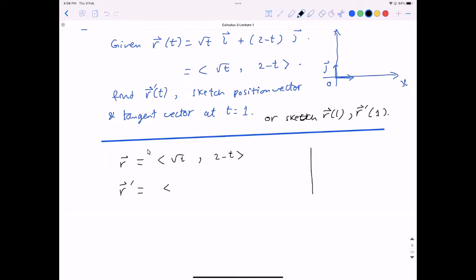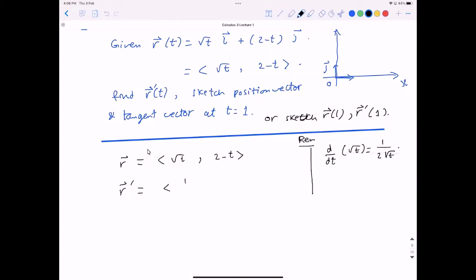Yes, 1/2 root T. This is important. D by dt of root T is 1/2 root T. This is an important formula. It saves some time, instead of doing T to the power half, and half T to the power half minus 1 and this stuff, this is direct computation.